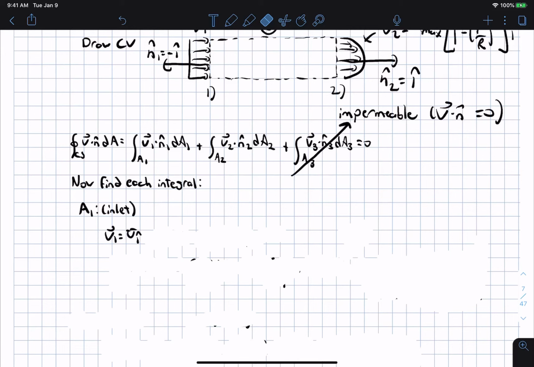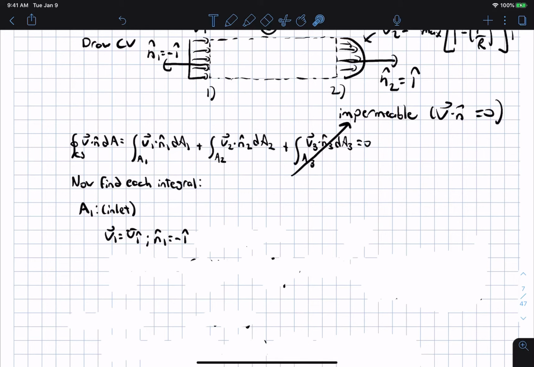Okay, so v1 is u i-hat as defined in the problem statement. N hat 1 is minus i-hat, because again, n hat points outside and it's normal to the surface, and so outside points to the left, which is in the minus x direction.